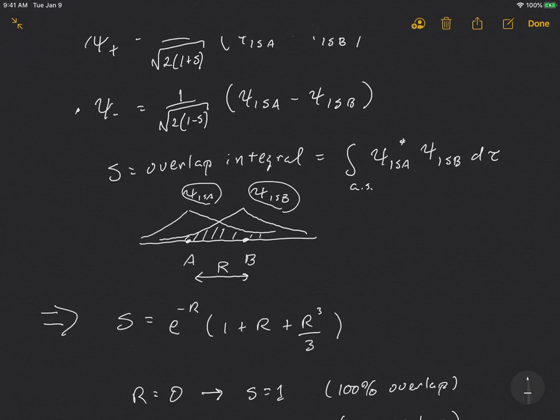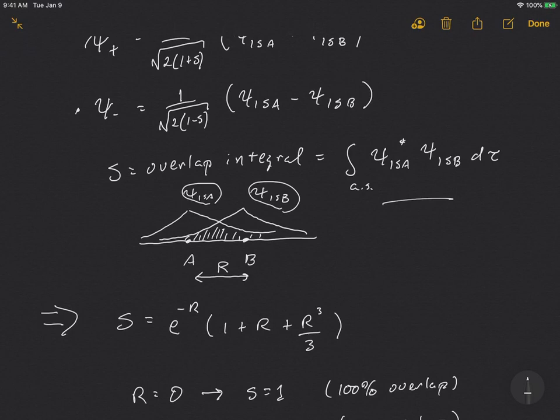In between those two wave functions, there's a region where there's some overlap, and I've shaded that here. That overlap represents, qualitatively, a graphical representation of this overlap integral. So these wave functions are not orthogonal to one another, and when we integrate over both of them, we get an expression that's not zero.